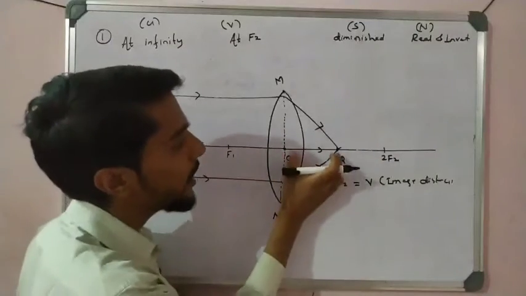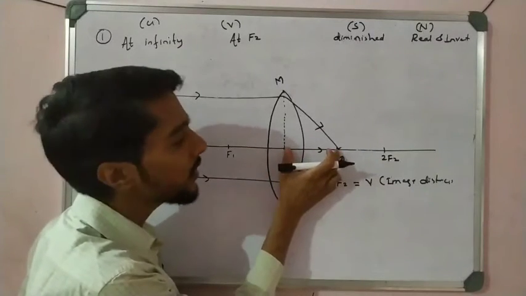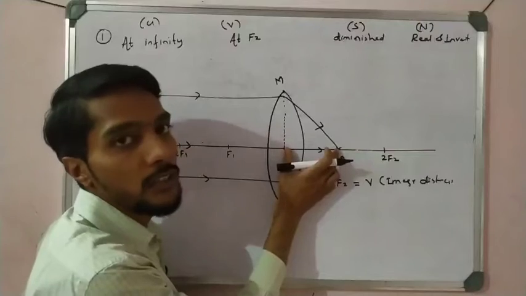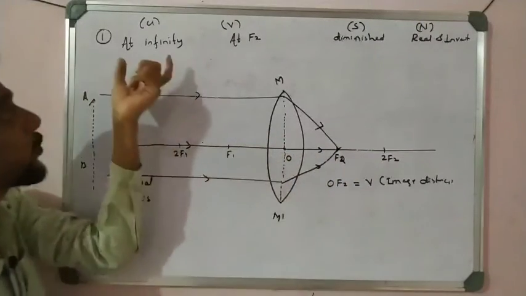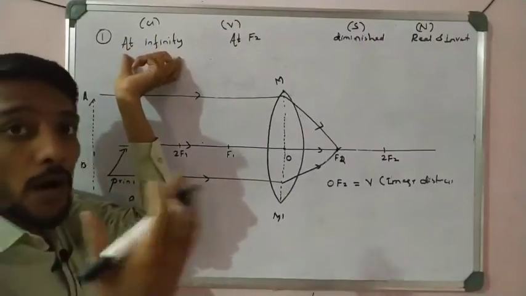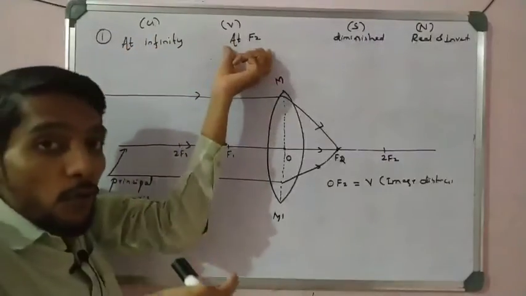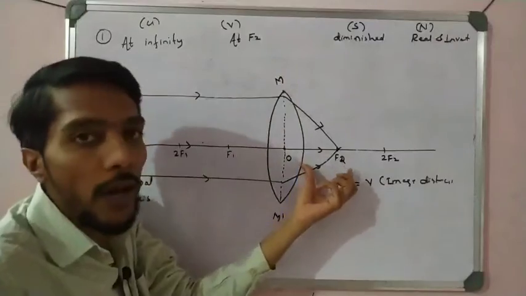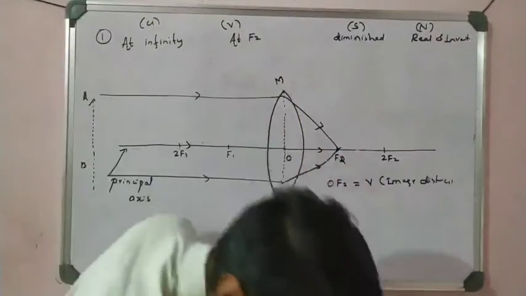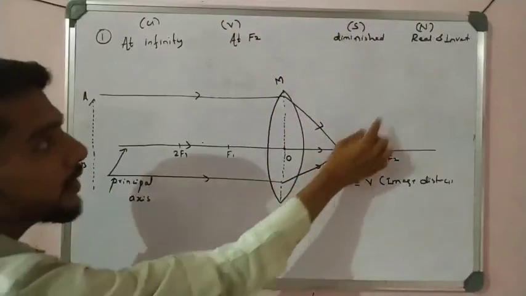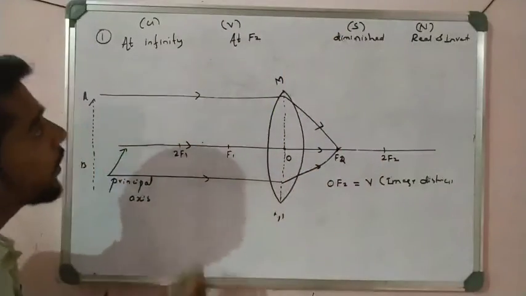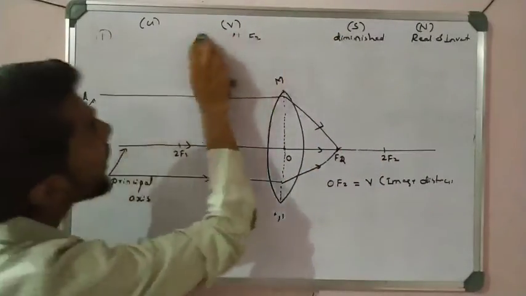So the focal length is equal to the image distance here. So when the object is at infinity, the image is formed at F2, equal to the focal length. Clear, students? First ray diagram, clear? The image is very diminished, real and inverted. So now take the second case.